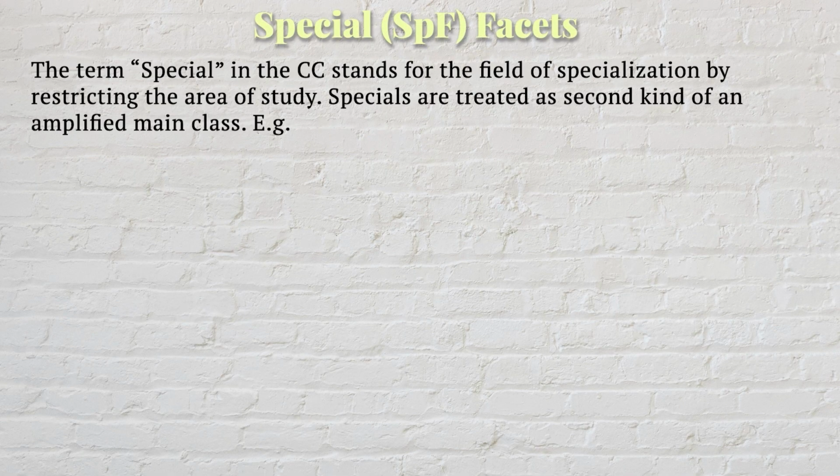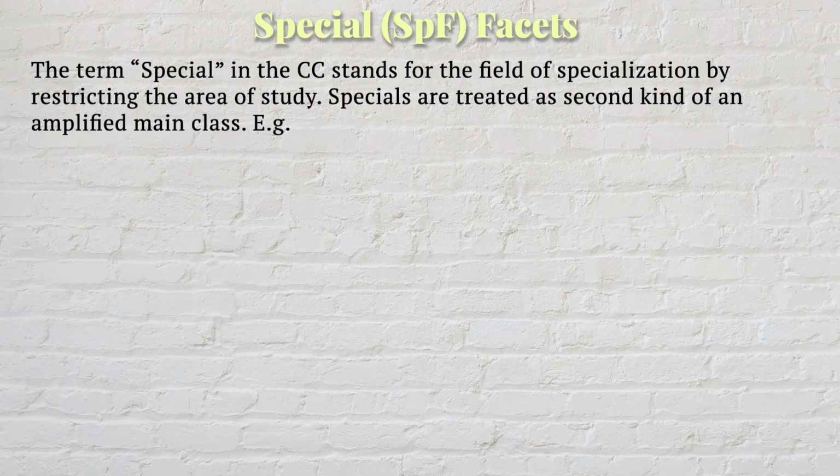Special facets. The term special in the colon classification stands for the field of specialization by restricting the area of study. Specials are treated as second kind of an amplified main class.